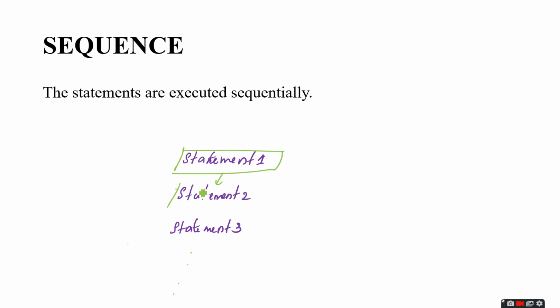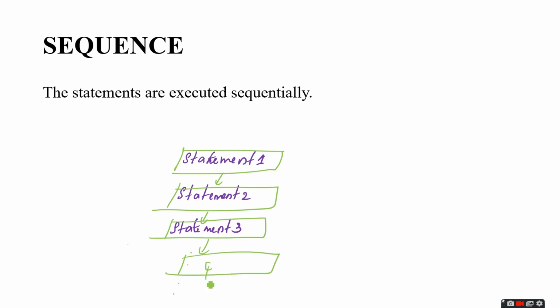After that, the second statement will be executed. Then the third statement, then the fourth statement, and so on. That means in a particular order, like 1, 2, 3, in sequence. That is the sequential execution in a Python program.